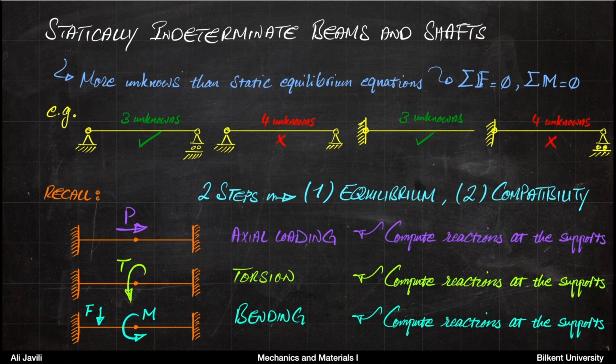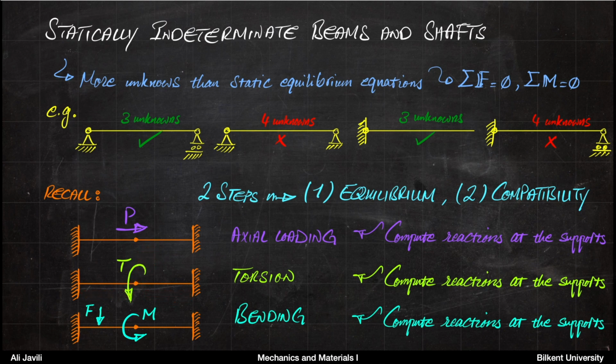So if you remember, for instance, when we had axial loading, the compatibility would be that if you think of a delta of the left part and delta of the right part, you can imagine they must be equal. So that would be your compatibility equation. For a torsion problem it was the same.